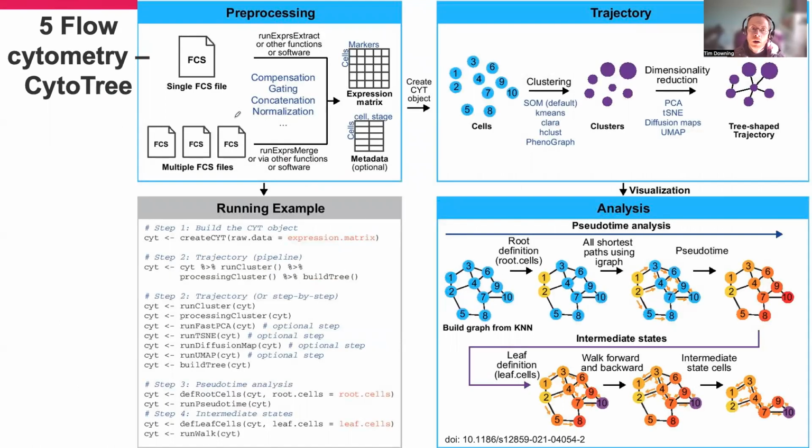So think about it, we're using typically a bunch of different FCS files and going through this process of compensation, gating, normalization, concatenation. You can see that written as R code down here. So we have a function that takes in as an argument the raw data and creates an object out of that called site. And then we can use our code to process that.